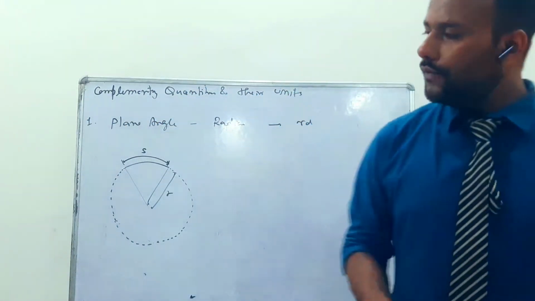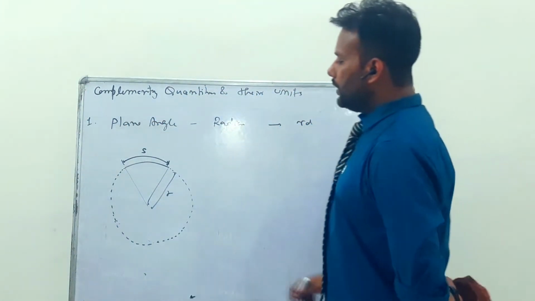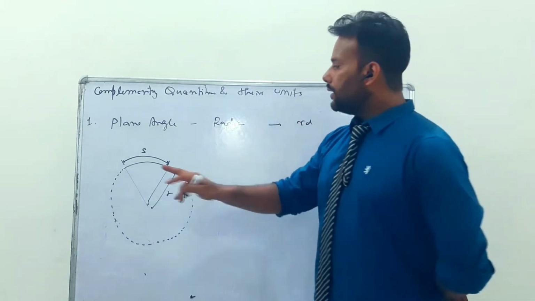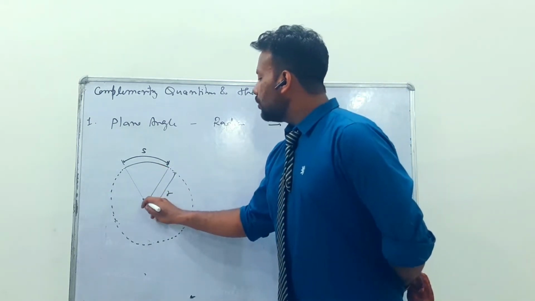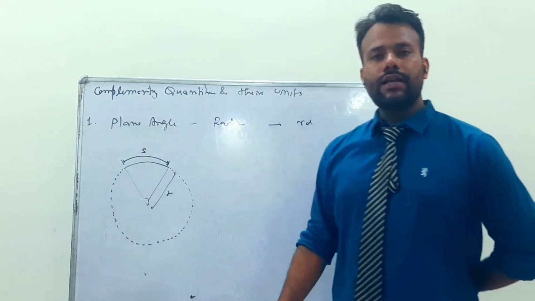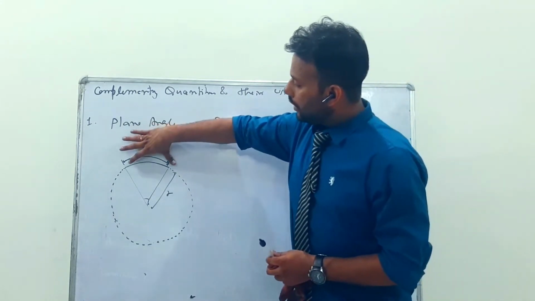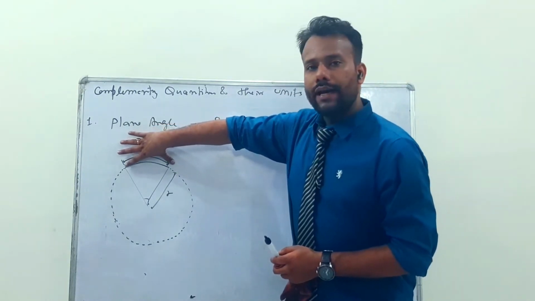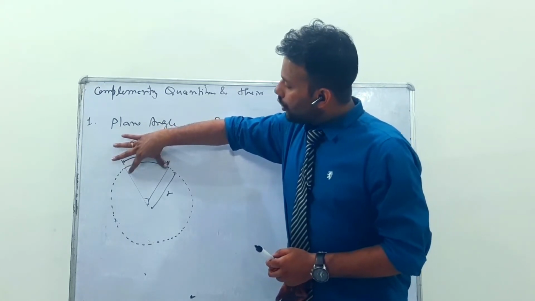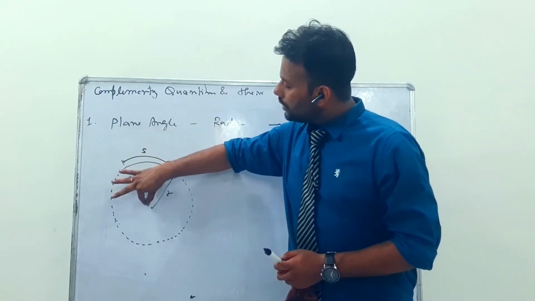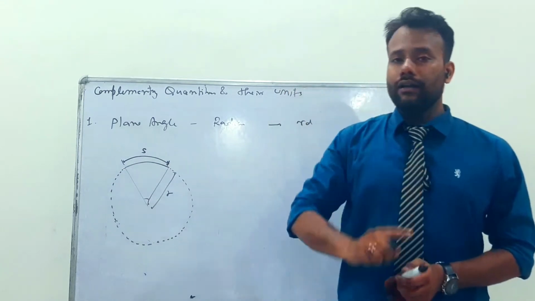So again, how do we define it? The angle subtended by the arc. So this, can you see, this is the angle. Who is subtending this angle? This arc. If you take these two ends of the arc and join at the center of the circle, it will make a certain angle.